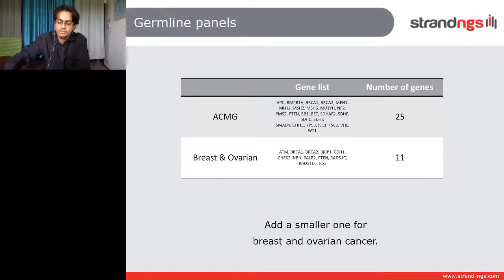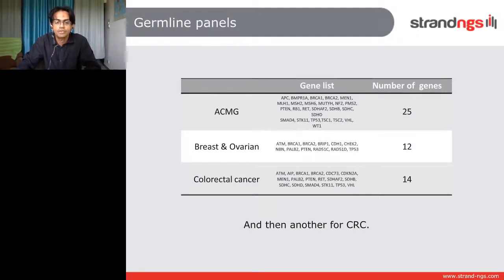So you generally start by adding something common like breast and ovarian cancer, right? And then you add another thing that's common, another genetic disease, which is also germline. And maybe that one is for colorectal cancer, and that comes with its own set of genes or markers, and it comes with its own panel, right? This one has only 14 genes as opposed to the 25 we started with.